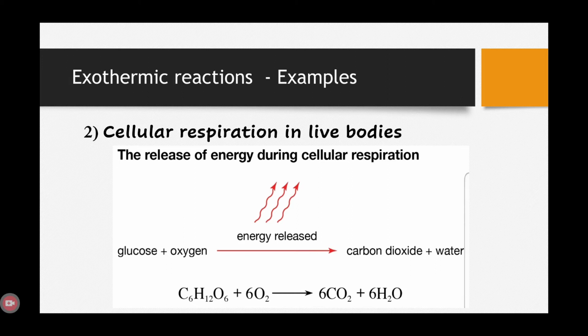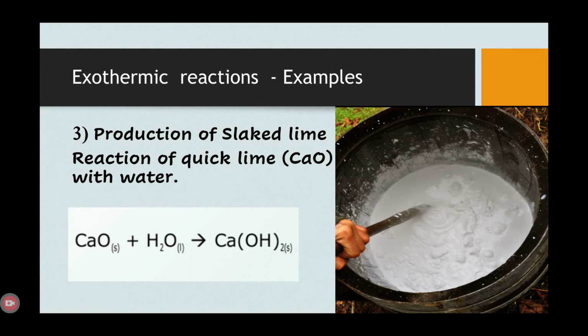During cellular respiration, energy is released to the surroundings. The release of energy during cellular respiration is indicated in this equation: glucose plus oxygen, then the products are carbon dioxide and water, energy released. So cellular respiration is an exothermic reaction.